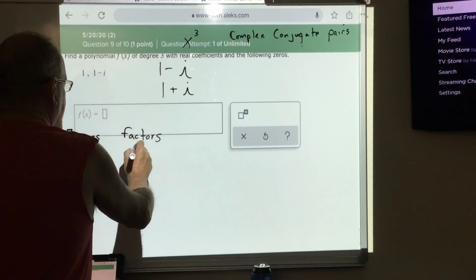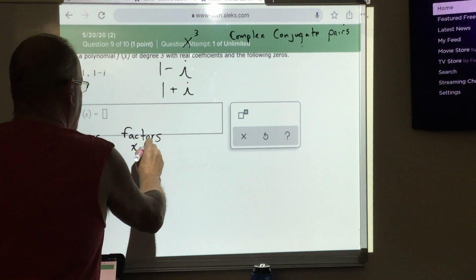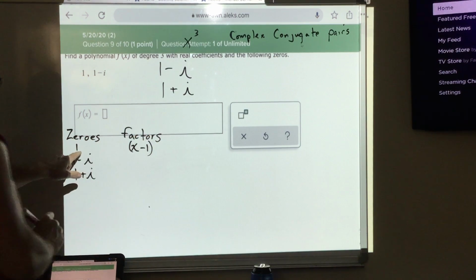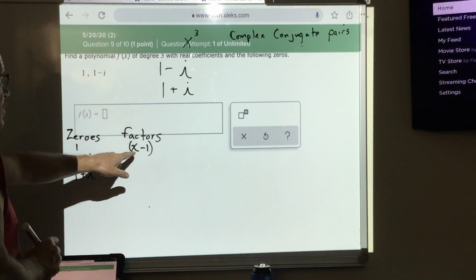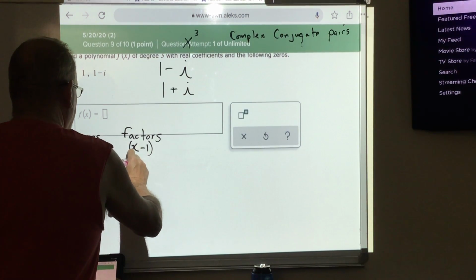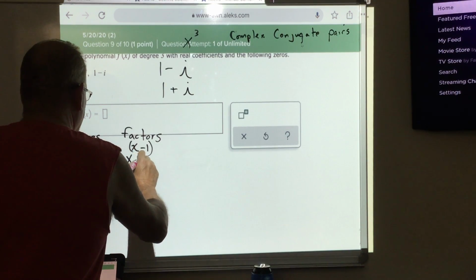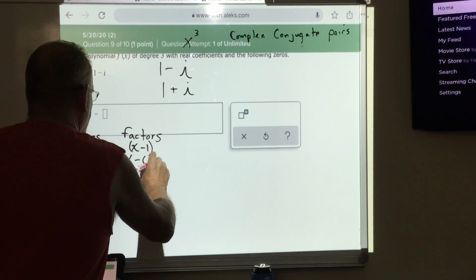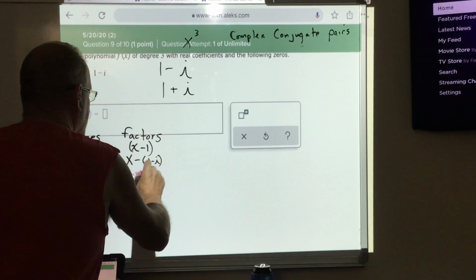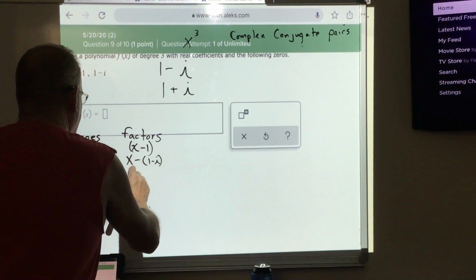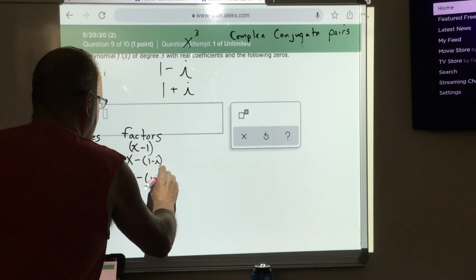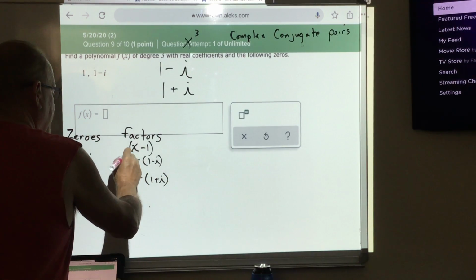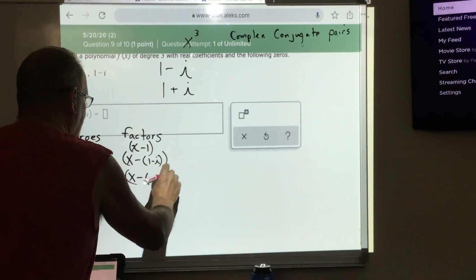The factors here would be x minus 1, because x equals 1 when this is the factor. And then here you have x minus 1 minus i, and you have x minus 1 plus i. These are the other factors.